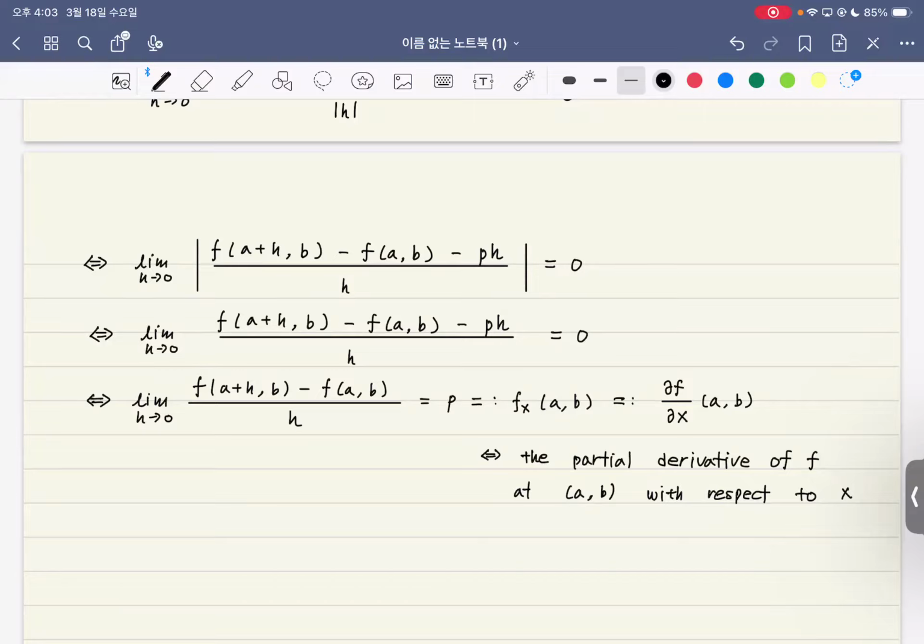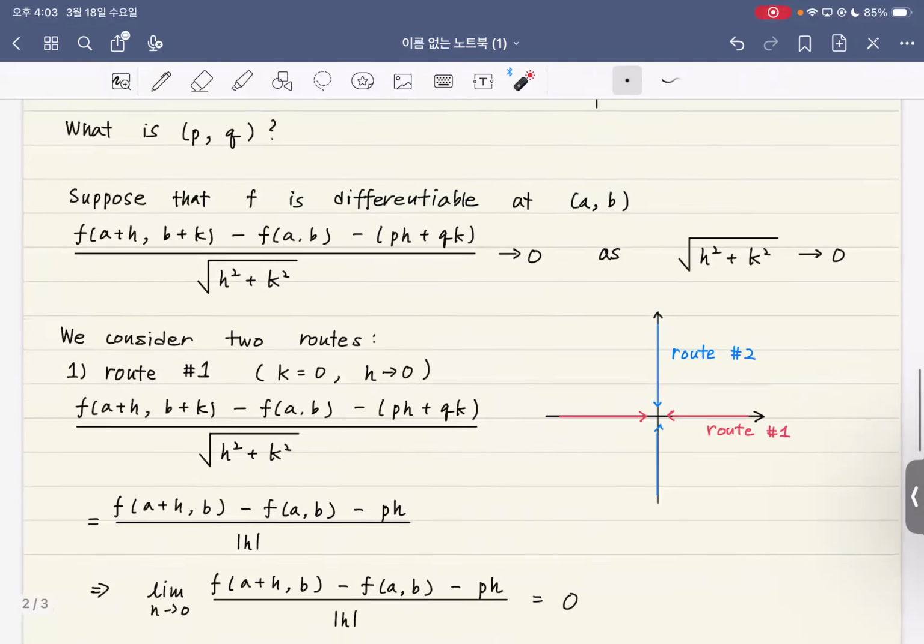So this is the partial derivative. Okay. So this is the explanation for the constant p.